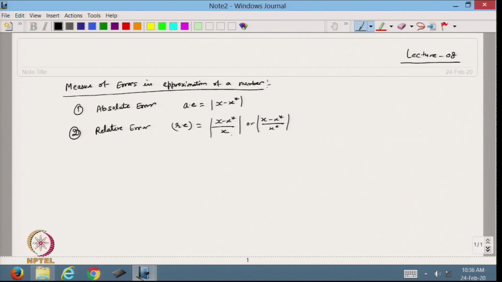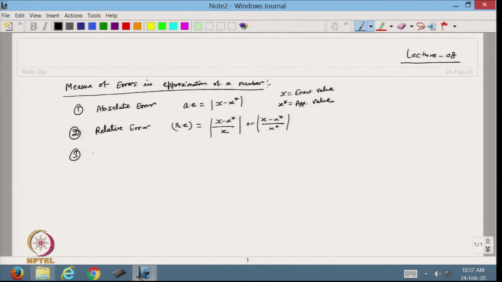This is the relative error corresponding to the exact number, and this is corresponding to the approximate number, because my x is the exact value and my x star is the approximate value.